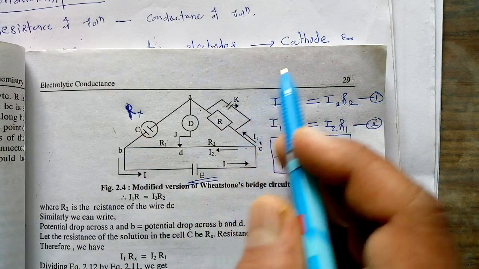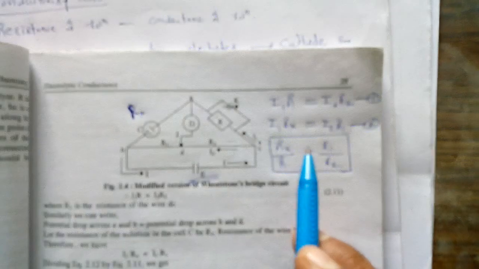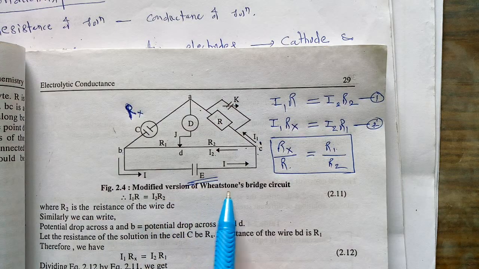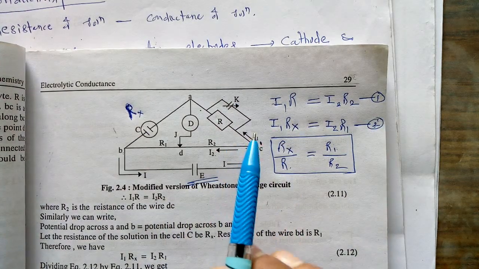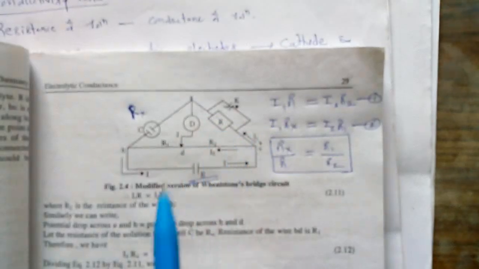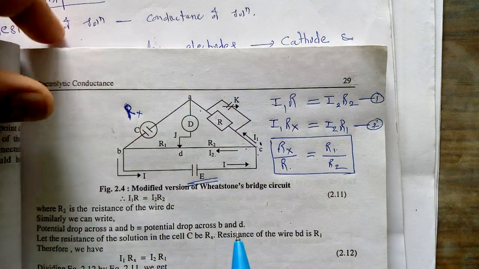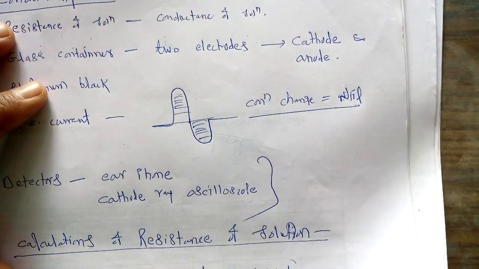So this is a simple equation for the calculation of the resistance of a solution with the help of the modified version of Wheatstone's bridge circuit. And in this case, we have to take into consideration the two different types of potential drop. So this is a simple way for the determination of the resistance of a particular solution taken in a conductivity cell.